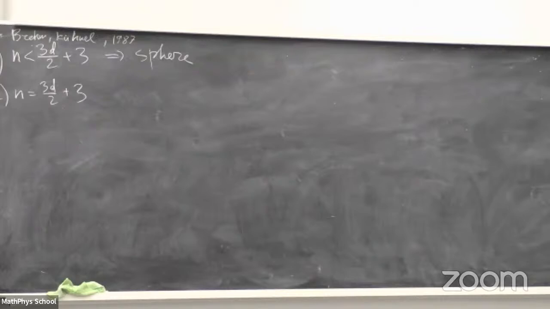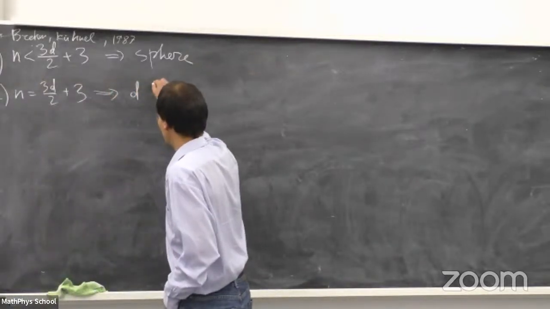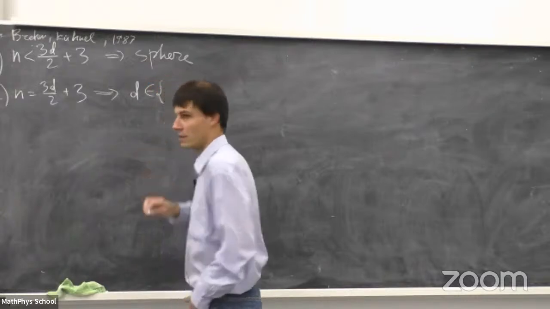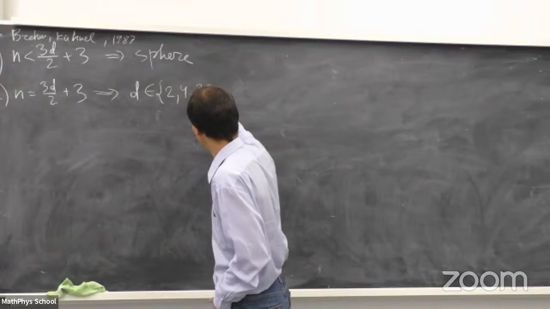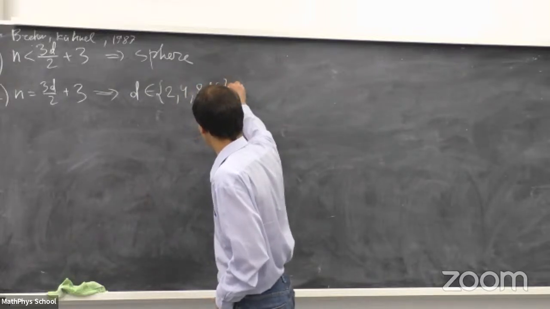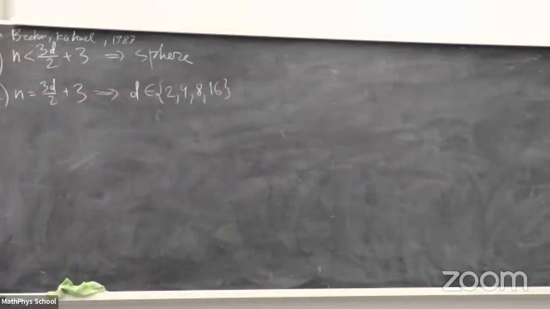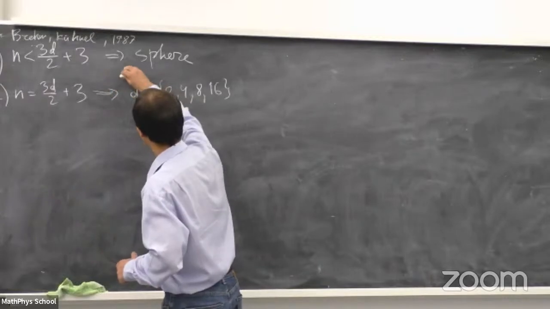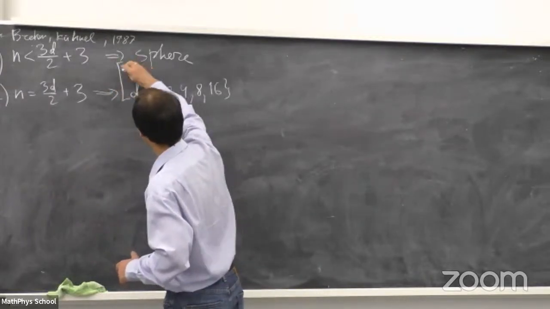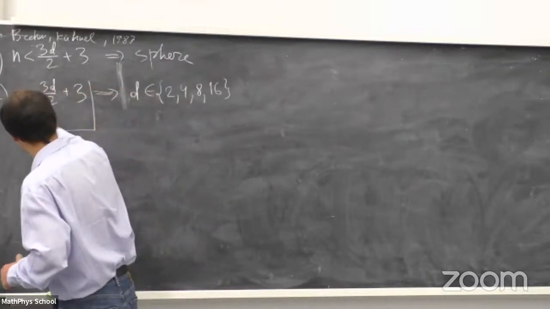And it turns out that, first of all, there are only 4 possible dimensions. These are 2, 4, 8, and 16. I mean that suppose that we have as many vertices and not a sphere.